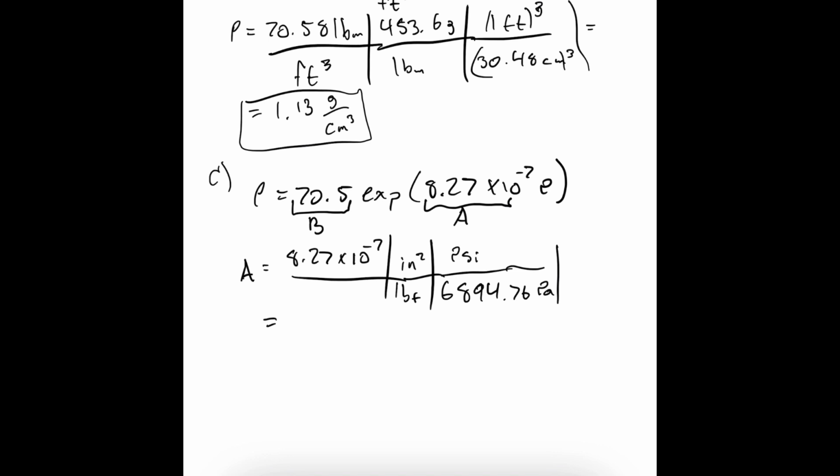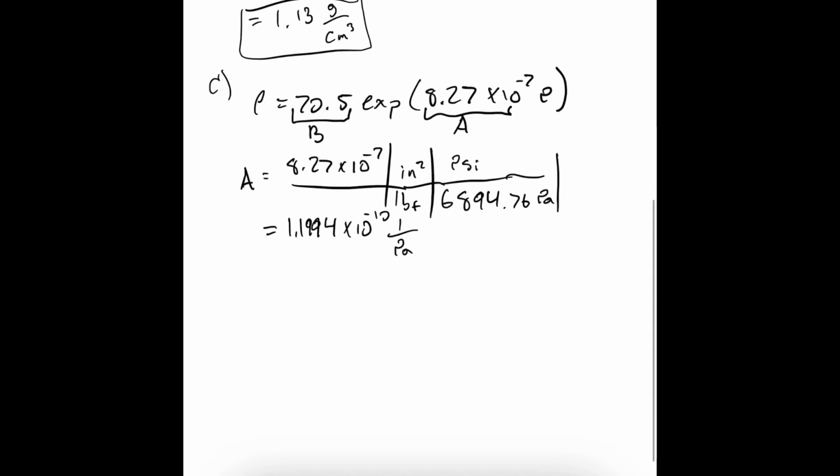So A equals 1.1994 times 10 to the minus 10 reciprocal pascals.